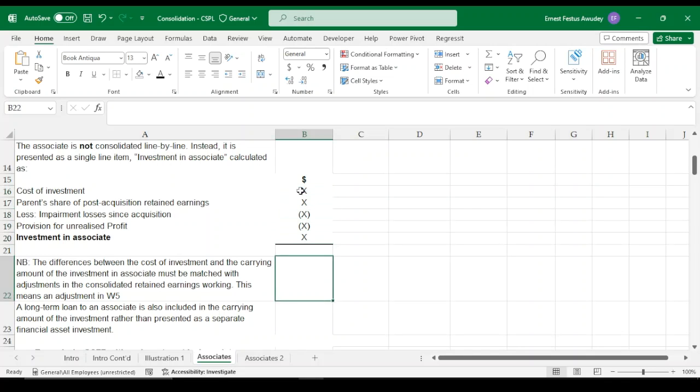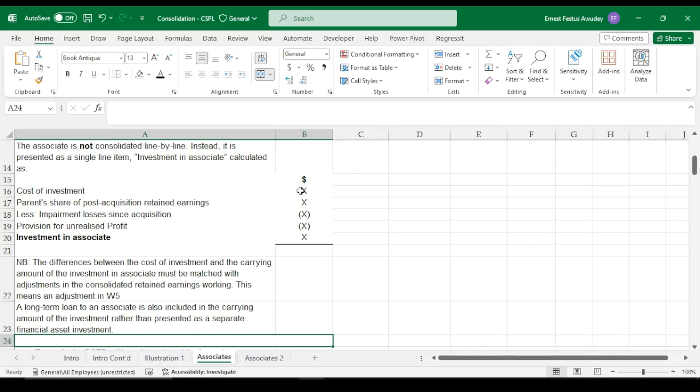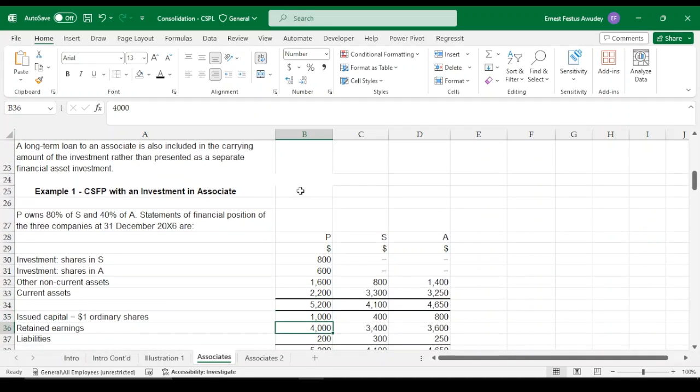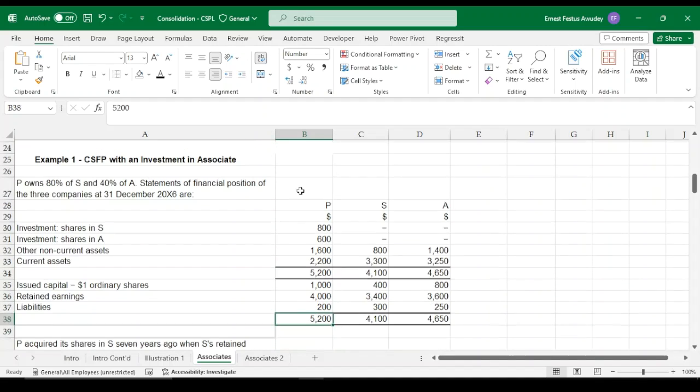So just take note of that, so that in case you see any loan from the parent to the associate, you should not present that as a financial asset under IFRS 9, but as a cost of investment within the IAS 28 framework.